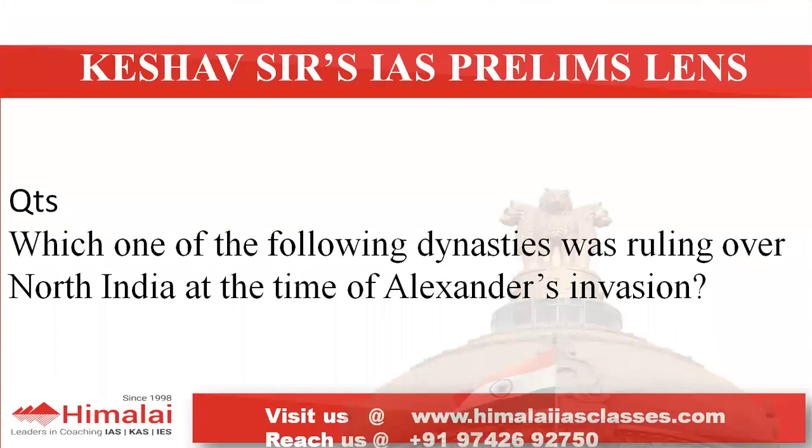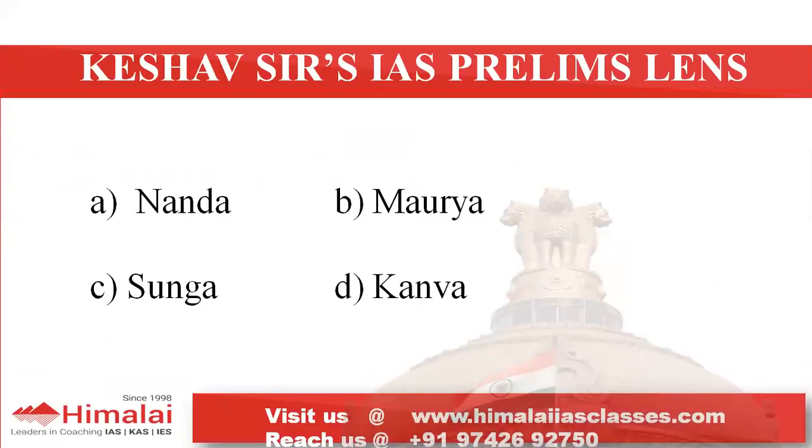Question. Which one of the following dynasties was ruling over North India at the time of Alexander's invasion? Alexander started his Indian campaign from 327 BC, and at that time, the Greek accounts mention that Alexander had to face the might of Nandas.